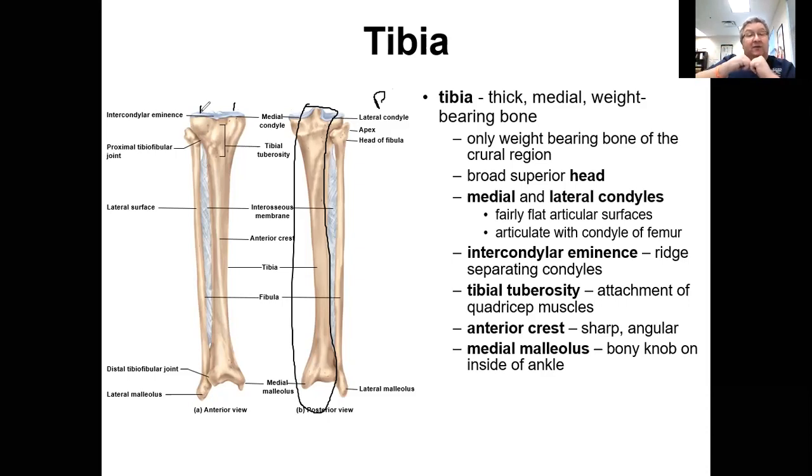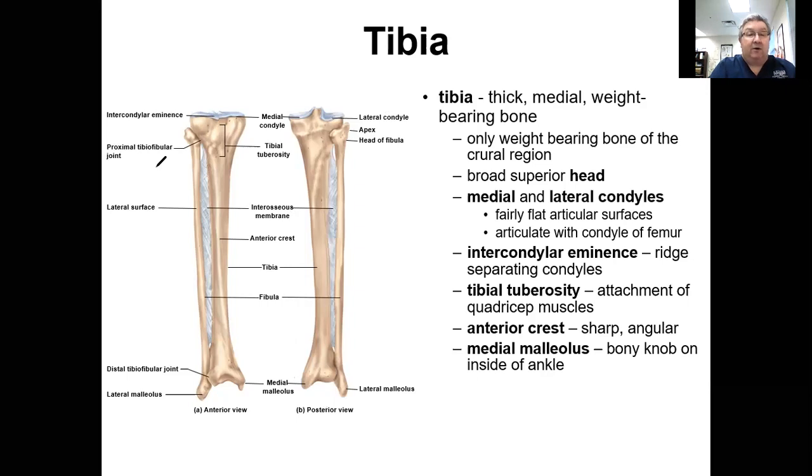It allows for us to bend and extend our knees. In between the two condyles, there is an intercondylar eminence. It kind of looks like a mountain ridge. And that mountain ridge separates the condyles of the tibia. Okay, so we have medial and lateral condyles of the tibia, and an intercondylar ridge.